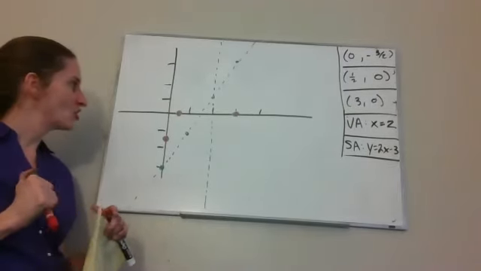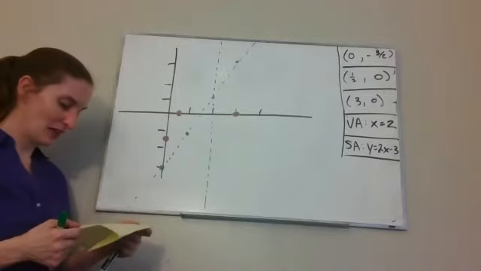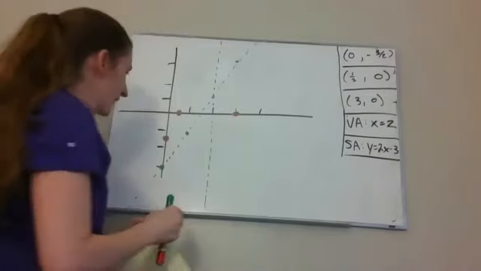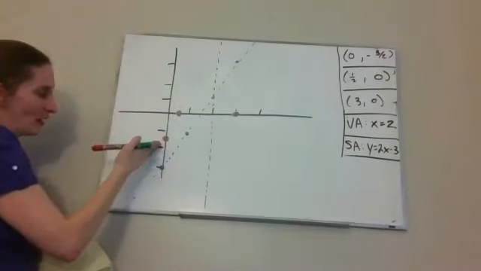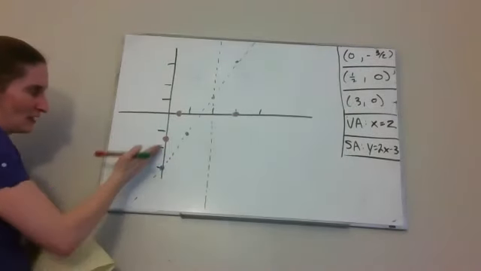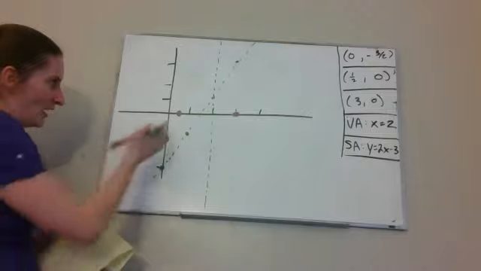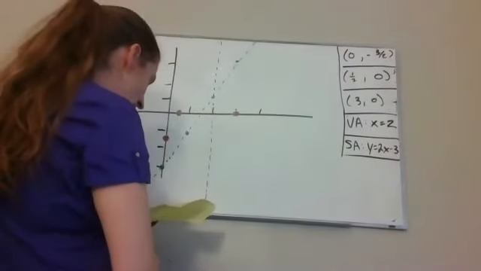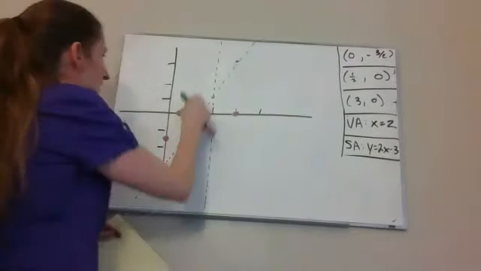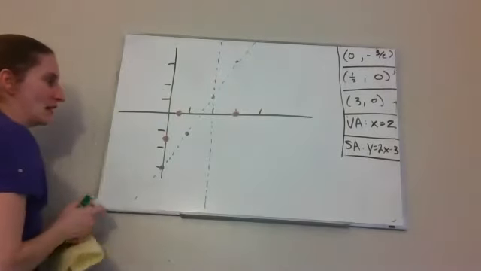Now I just have to check for different points in each section. So I can already see a little bit here what's going on. I'm going to be flattening out to this diagonal on this side. And just to get one more point, let's plug in x equals 1 to get a little better shape right here.